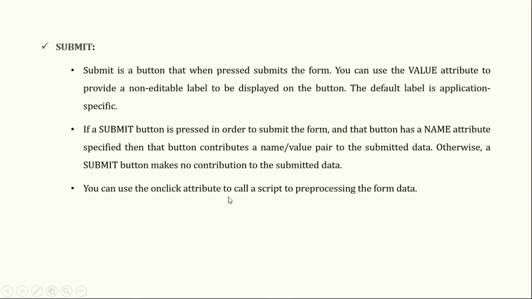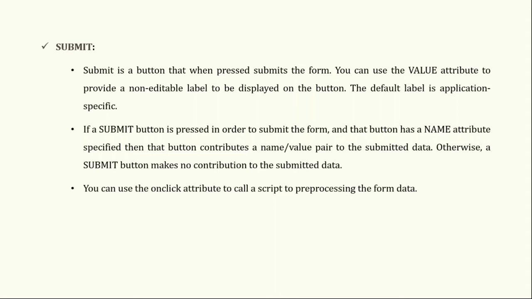You can use the onclick attribute to call a script to pre-process the form data. Okay, now pre-processing means what? When you click on the submit button, it is going to submit your data to the server.